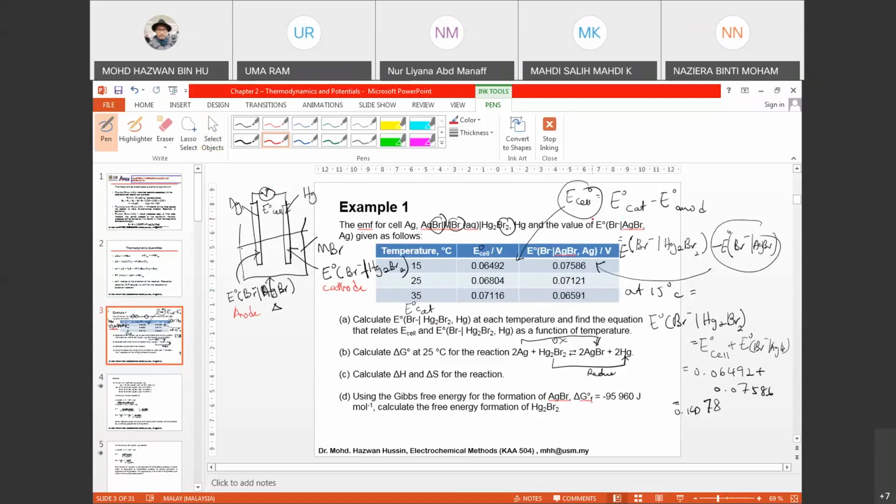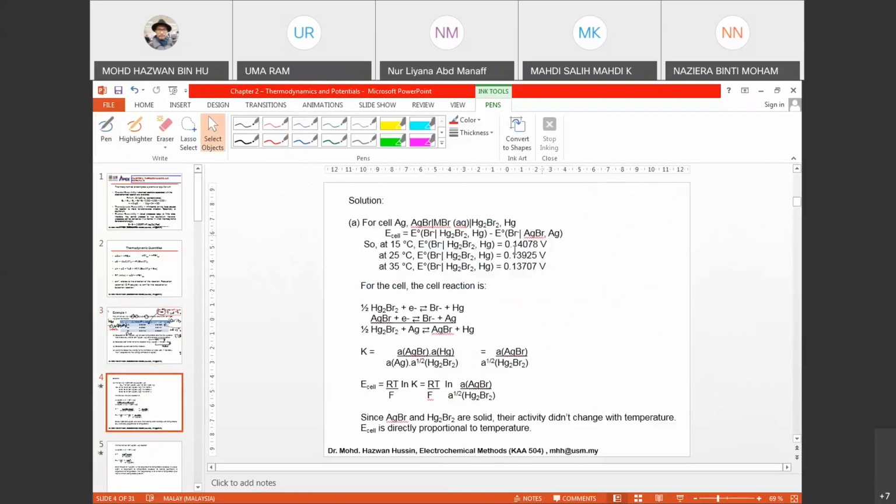Using this formula, we want to find E cathode, because the question is asking for E cathode. We just rearrange it and you will get this value. The rest for 25 and 35 you can do the same. Is it clear? Yes, Doctor. Okay.